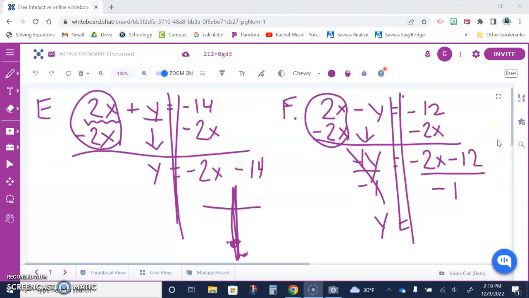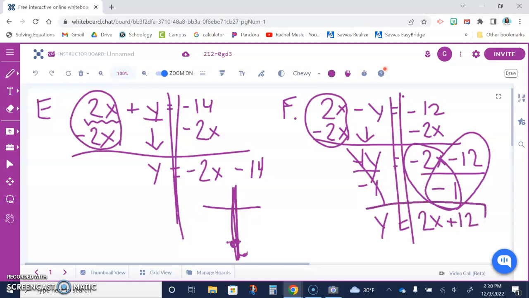And then on the right, we'll divide this first term by -1. -2 divided by -1 is 2. And we'll keep that variable x. We also divide the next term by -1. -12 divided by -1 is +12. So I will write +12. So that's the final equation.